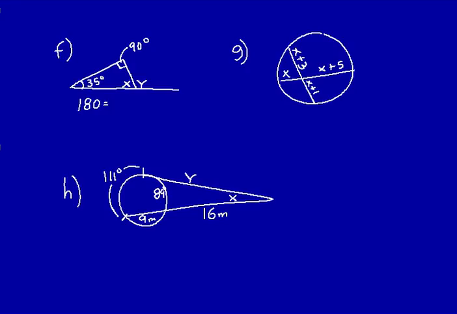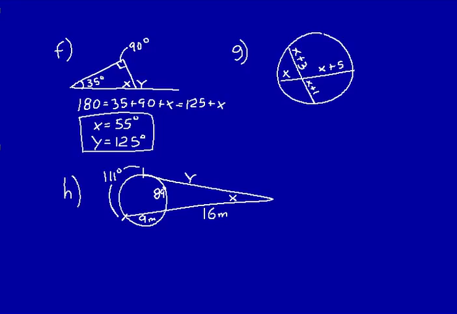We just say 180 equals 35 plus 90 plus x, and so that would just be equal to 125 plus x. Subtract 125 from both sides, and x would equal 55 degrees. So y, that's a supplementary angle to x, so that would just be 125 degrees, because the sum of supplementary angles is 180. And the sum of those two would equal 180, wouldn't it?